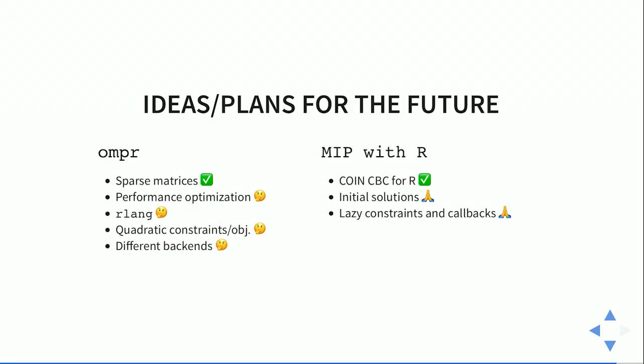I recently had to implement a model in Julia because there's just no way to use callbacks in R, and callbacks are sometimes a vital point to change the solution process of these solvers. Sometimes you don't want to create all the exponentially many constraints, but only add constraints if they are violated. Using that, you can solve larger models like traveling salesman problems.